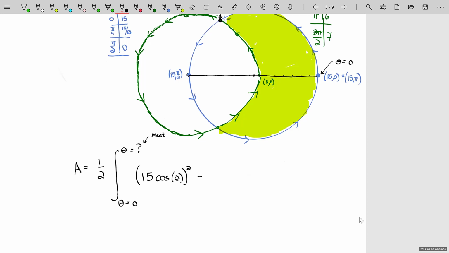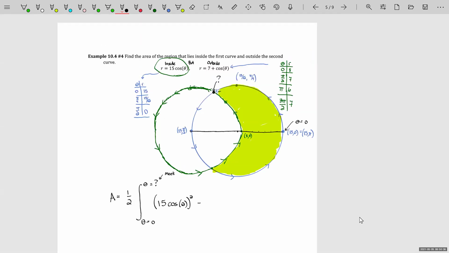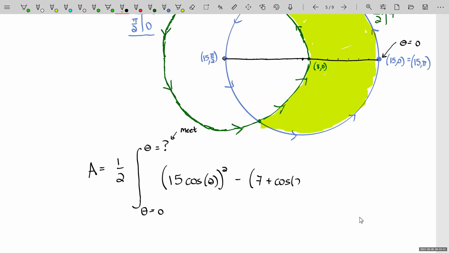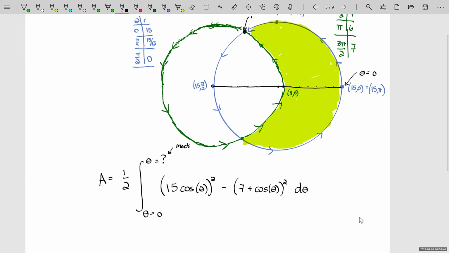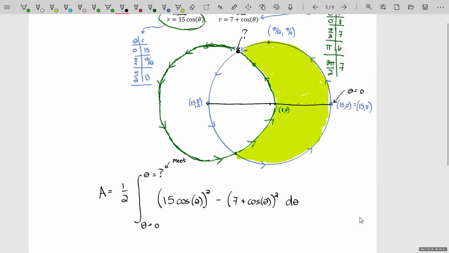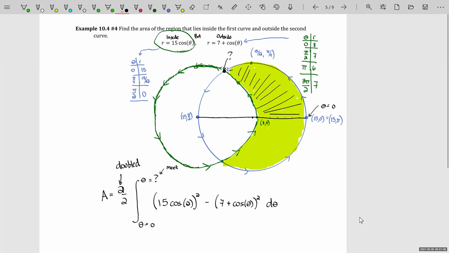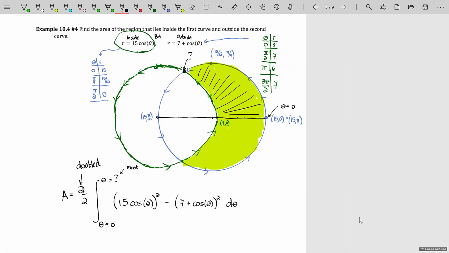And subtract off the inner function squared, 7 plus cosine. And by the way, since we're going only half of this from 0, we're finding this area right here, we'll want to double that up. So I'm going to put 2 here, doubled. And we'll finish it out next time because I'm a minute over.